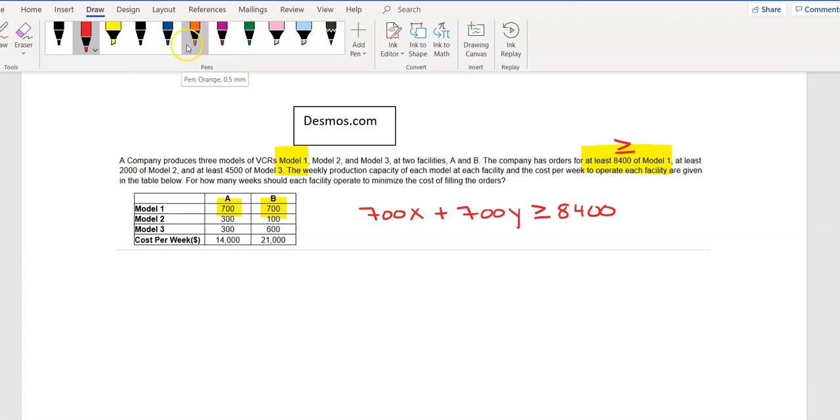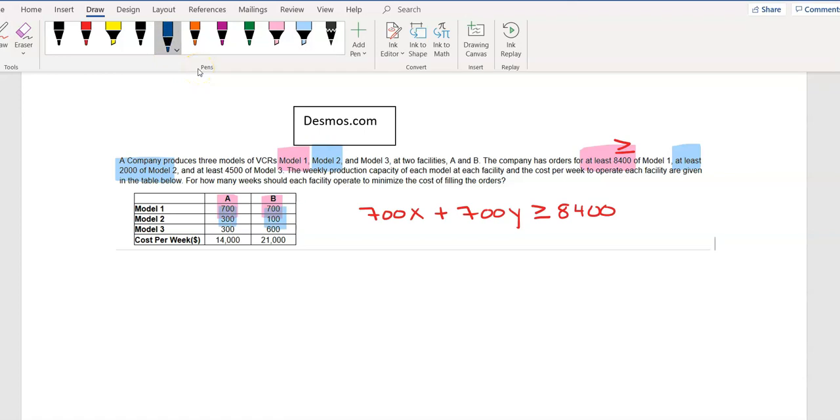Our second inequality statement is for Model 2. I just switched up the color for highlighting for you because this morning I used pink and red for Model 1. Now I'm going to use blue for Model 2. It told us we need at least 2,000 of Model 2, which at Facility A is 300 and Facility B is 100.